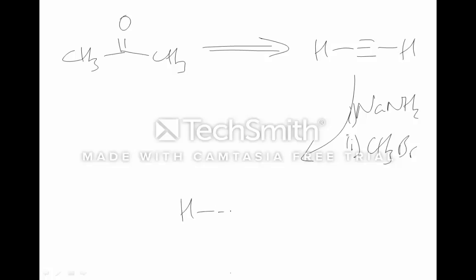Let's do another one just to compare methods. Now we have a ketone, acetone. How could we make acetone from acetylene? Based on what we just said, you could use sodium amide, CH3Br, to do the same idea to get to propyne.